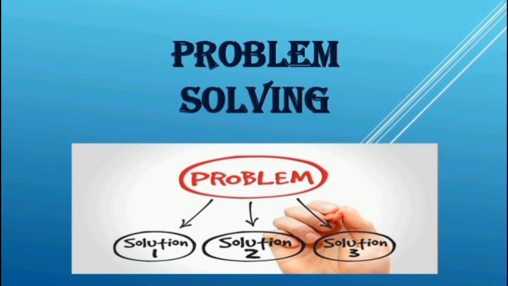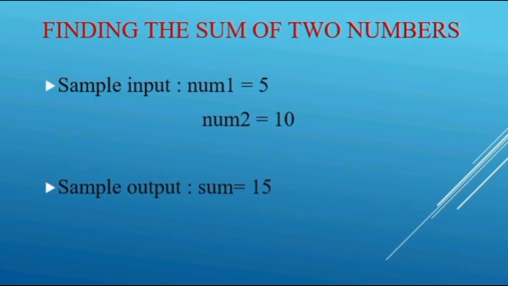So let's get into our first question, finding the sum of two numbers. I think most of the people out there know the answer for this because it is a pretty basic problem. Since we are learning from the basics, we'll solve the problems from the basics. So here the slide is about the basic math operation, adding two numbers. Let's understand it in a simple way. Like num1 equals 5, num2 equals 10.